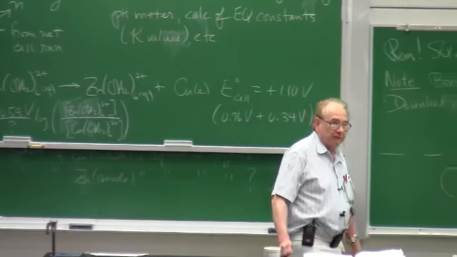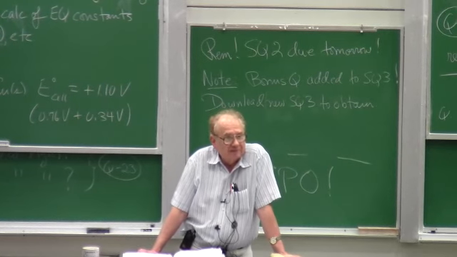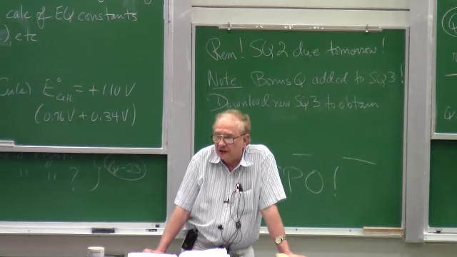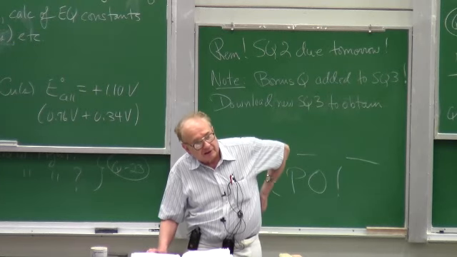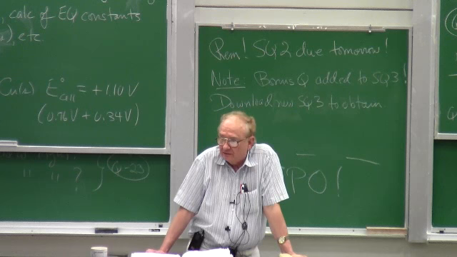The plus 0.34 volts comes from the half reaction, which shows the oxidation of copper in water solution to hydrated copper ion, and liberating 2 moles of electrons.